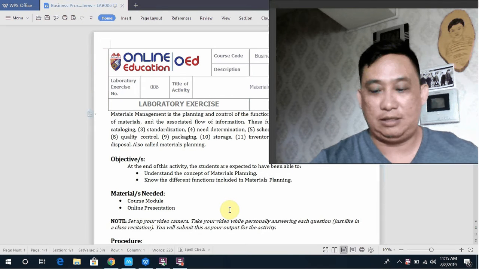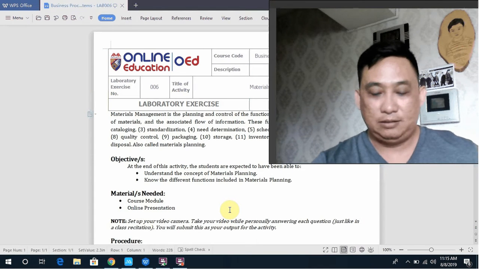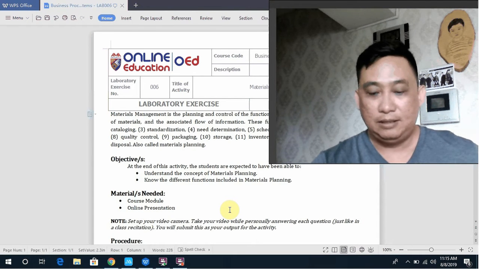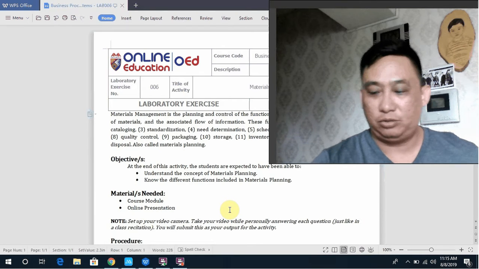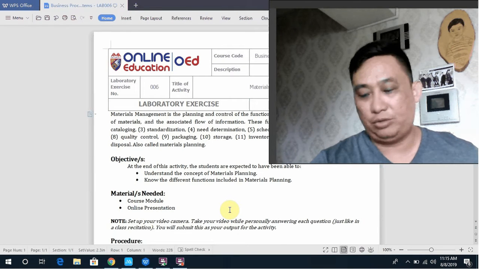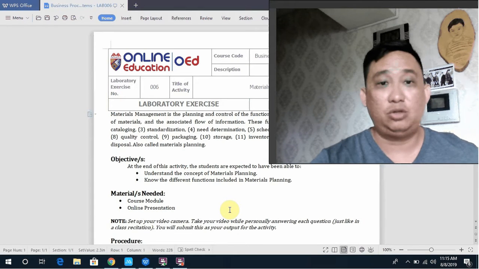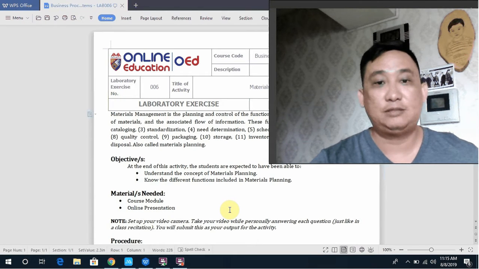Its functions include identification, cataloging, standardization, need determination, scheduling, procurement, inspection, quality control, packaging, storage, inventory, distribution, and disposal. This is also called materials planning.